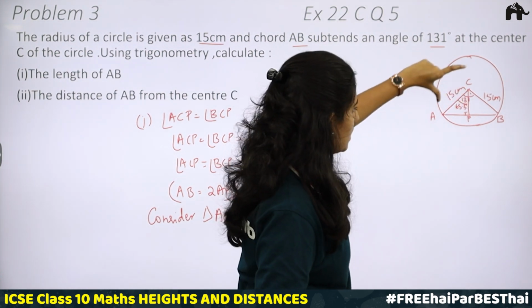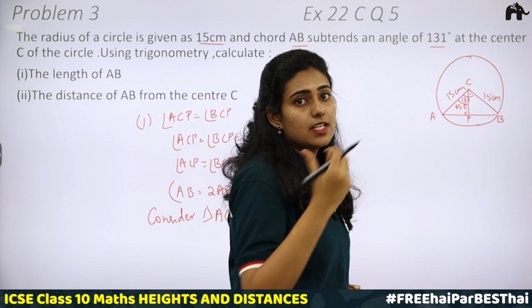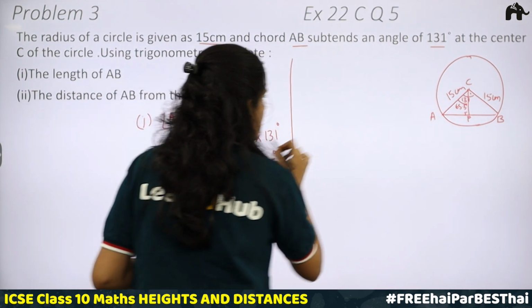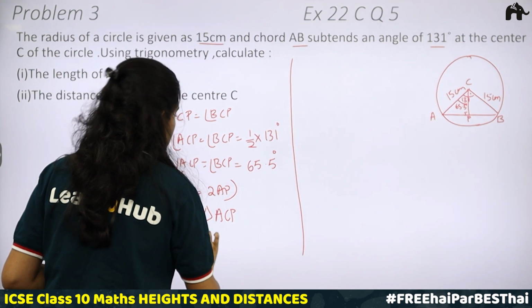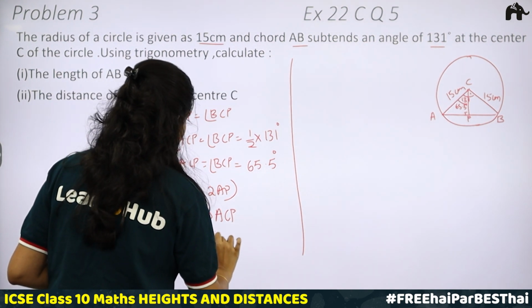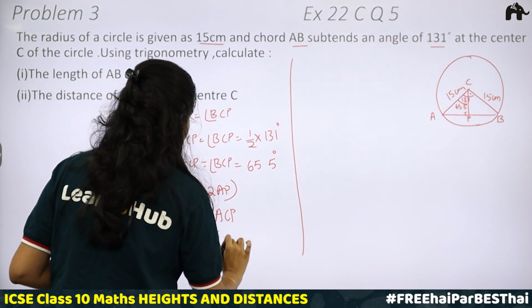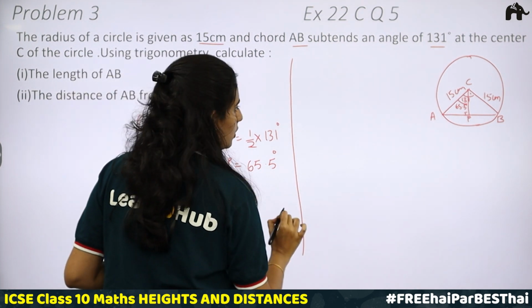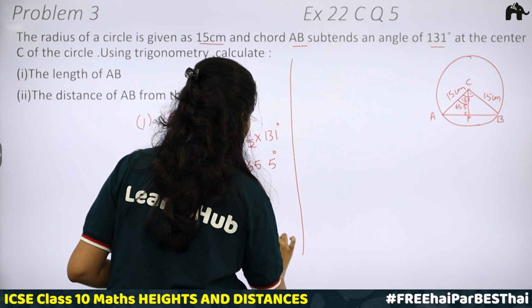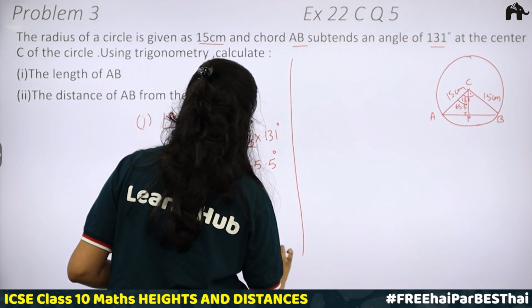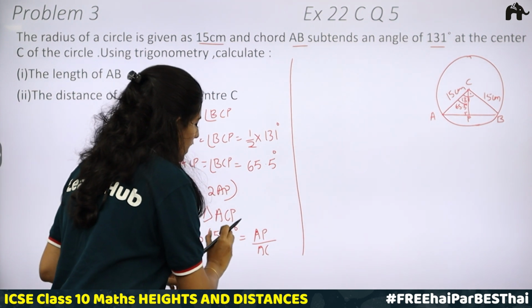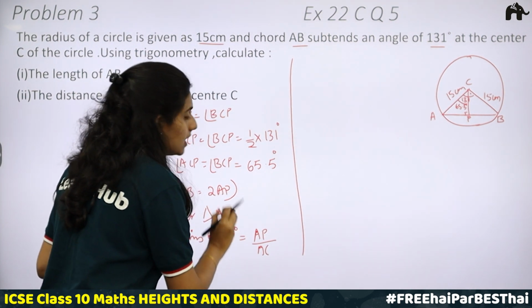To find opposite, hypotenuse is also given. Opposite and hypotenuse will be taking the sine value. Sine of 65.5 degree is equal to opposite AP divided by AC. Sine 65.5 degree is 65 degree 30 minutes.